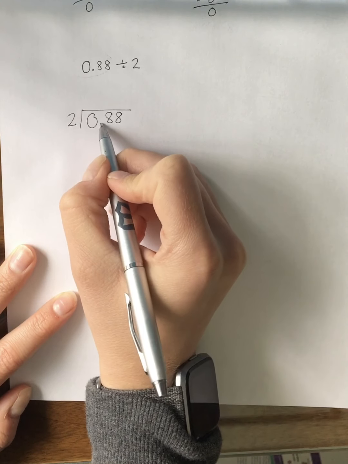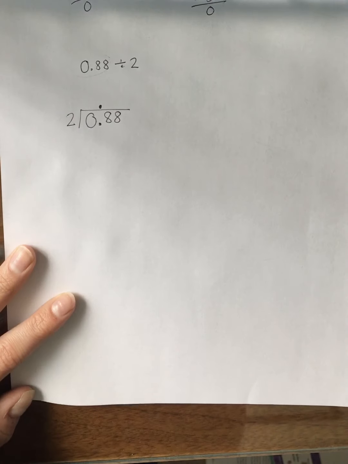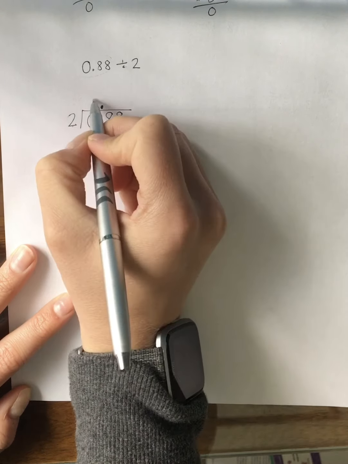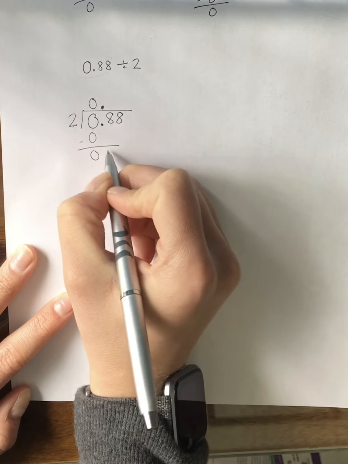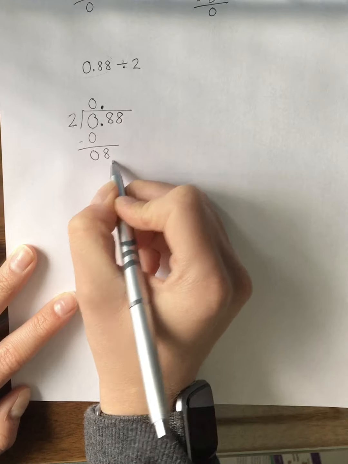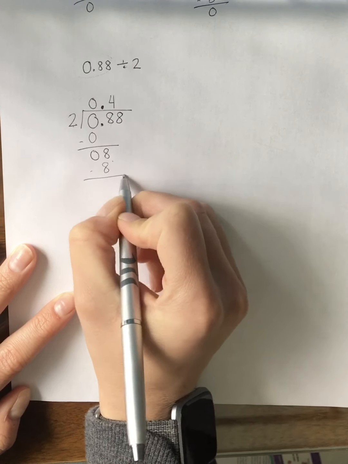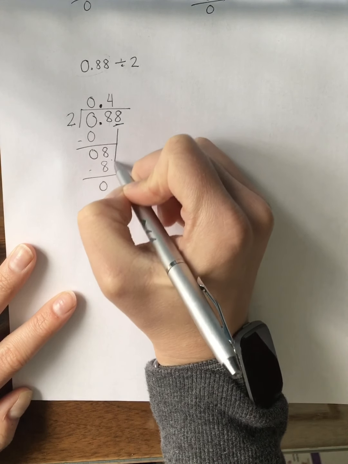And the first thing I'm going to do is bring up that decimal point so that my answer is correct. Beginning to divide, 2 goes into 0, 0 times. 0 times 2 is 0. I bring down that first 8. 2 goes into 8 4 times. 4 times 2 is 8. I'm left with a remainder of 0, but I'm not done yet because I have another place value.